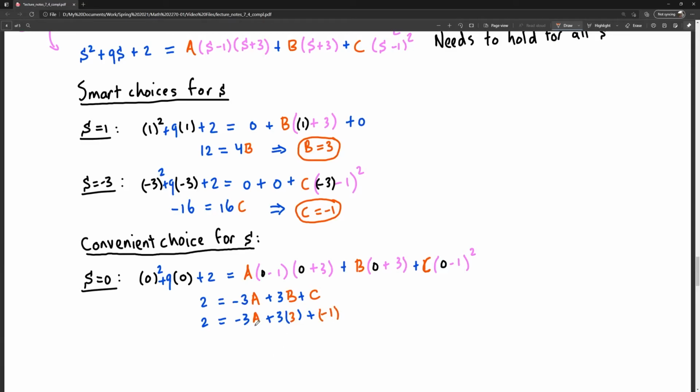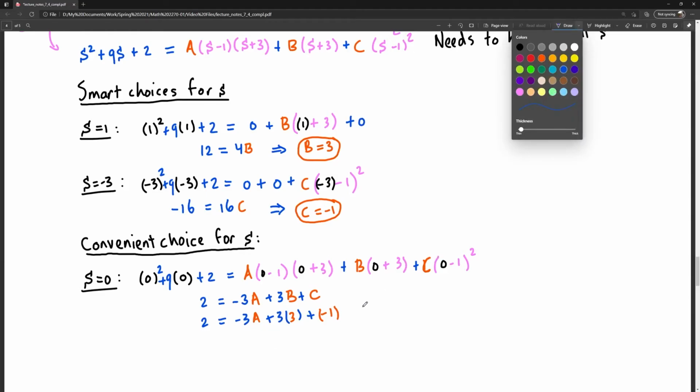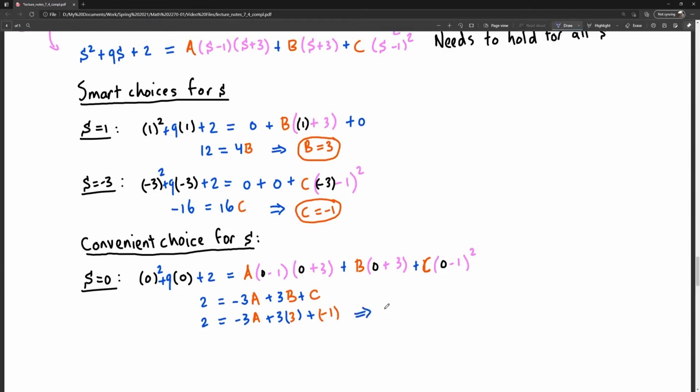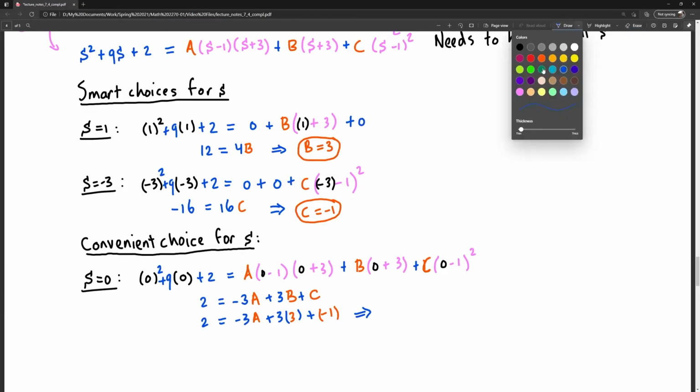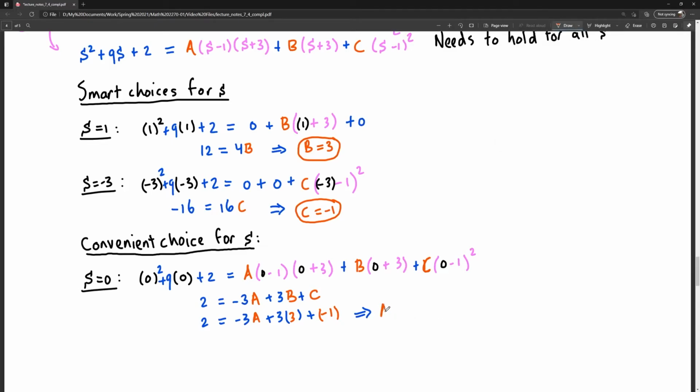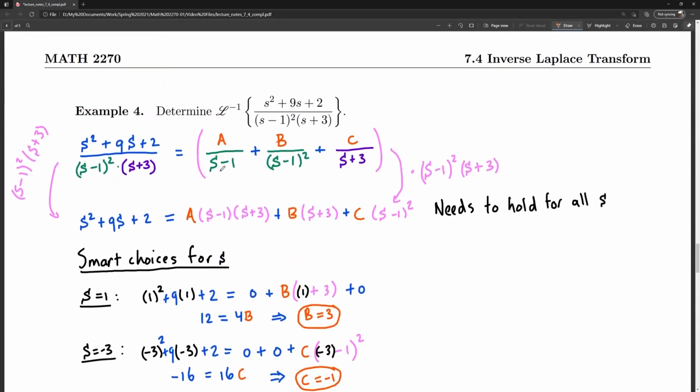And when you solve that for A, what you'll get is that A is equal to 2. And so we've done the hard part here.